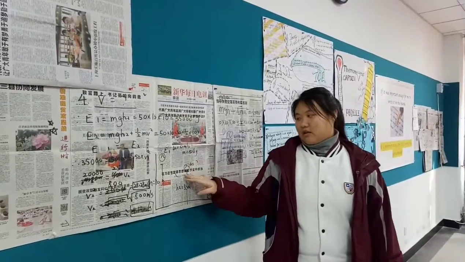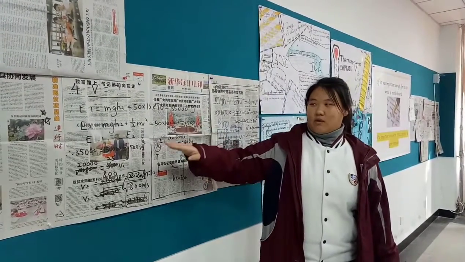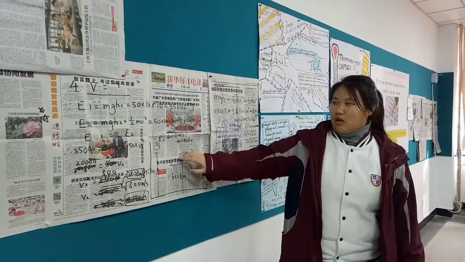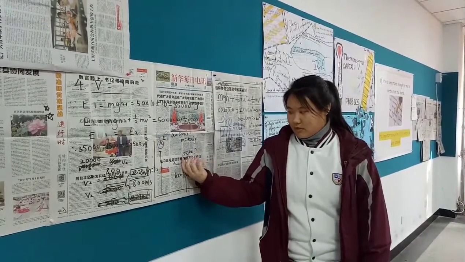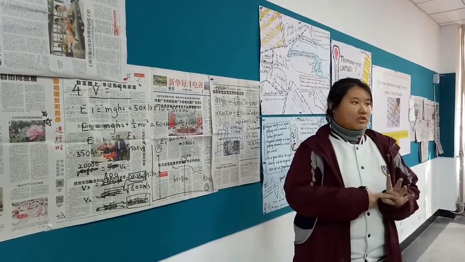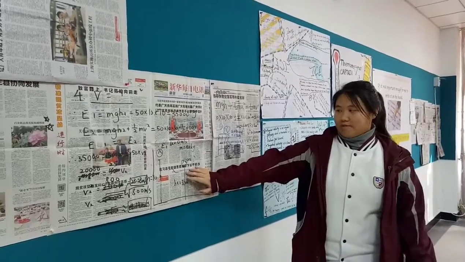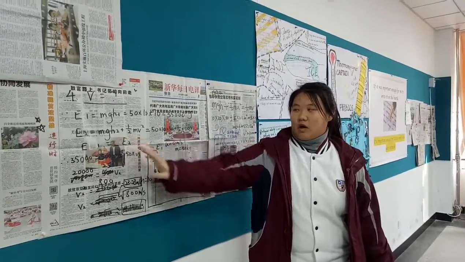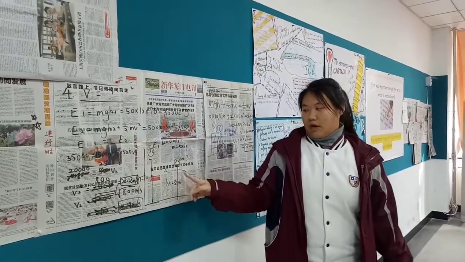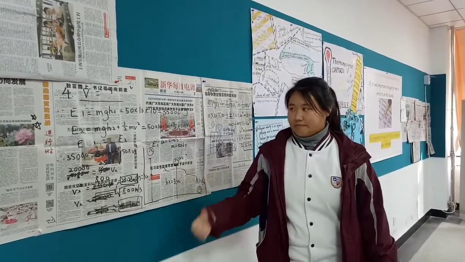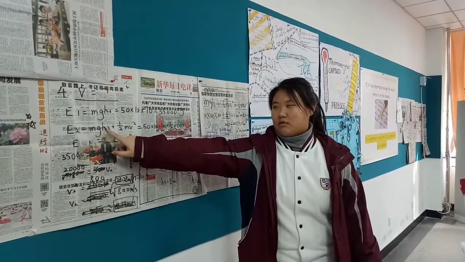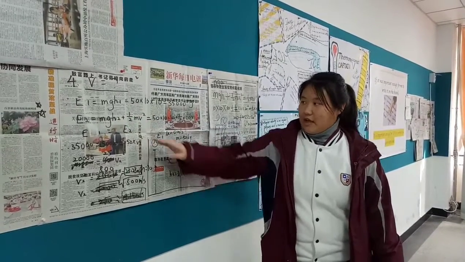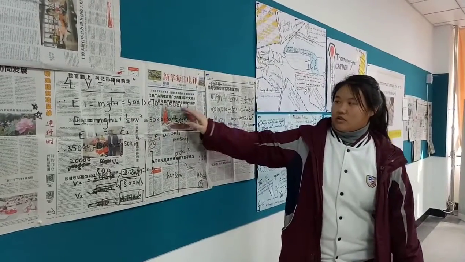Because E1 equals E2, now we need to get E2. In position 2, we have both kinetic energy and potential energy, so we use mgh2. We need H2 because in position 2 we already have potential energy. We plug in all the data, including the kinetic energy, and we get this equation.